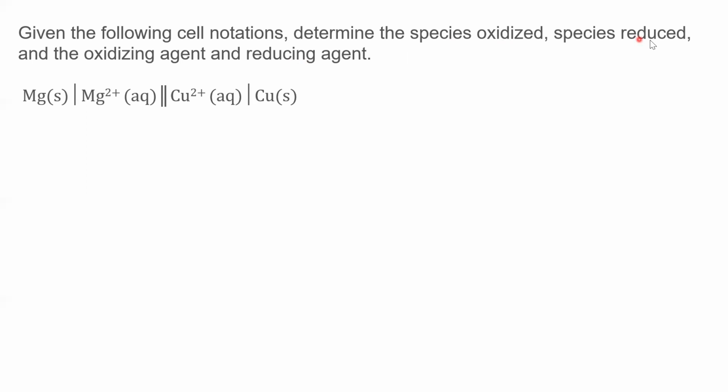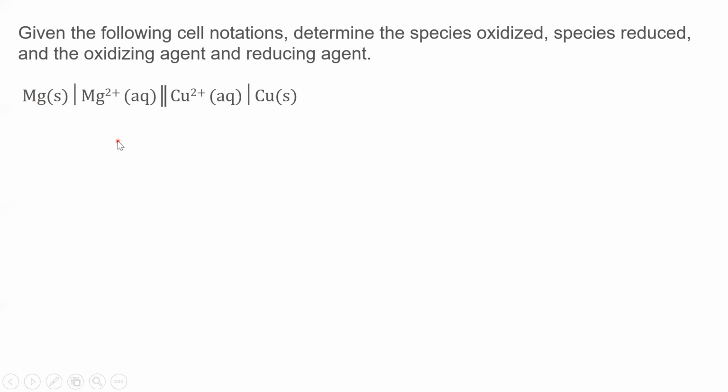The substance that's reduced is gaining electrons, which means it's causing the other substance to lose electrons, to be oxidized. So the substance that's reduced is the oxidizing agent. They're just opposites.